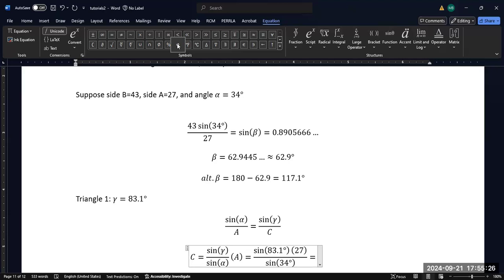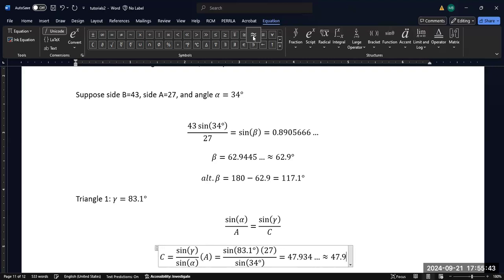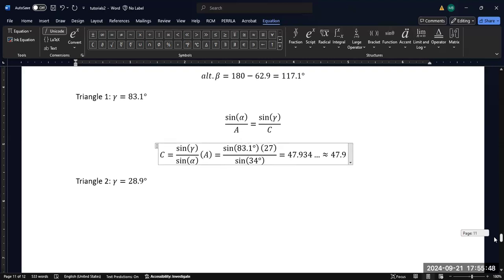Sine 83.1 times 27 divided by sine of 34, and we get 47.934 ... or approximately 47.9.